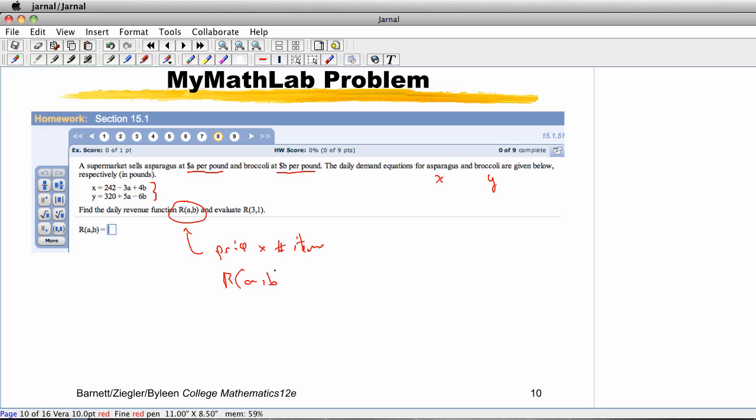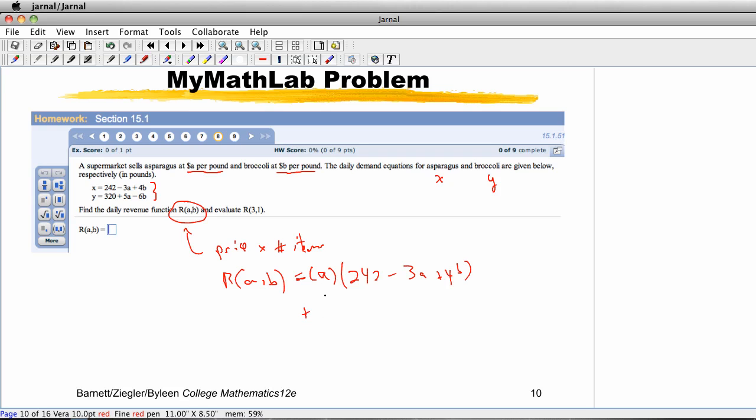We're going to have some revenue from selling asparagus. The amount of revenue for selling asparagus is the price of asparagus, which is A, times the number of pounds of asparagus I expect to sell, which is this value here, 242 minus 3A plus 4B. That's how much asparagus we expect to sell at that price point.